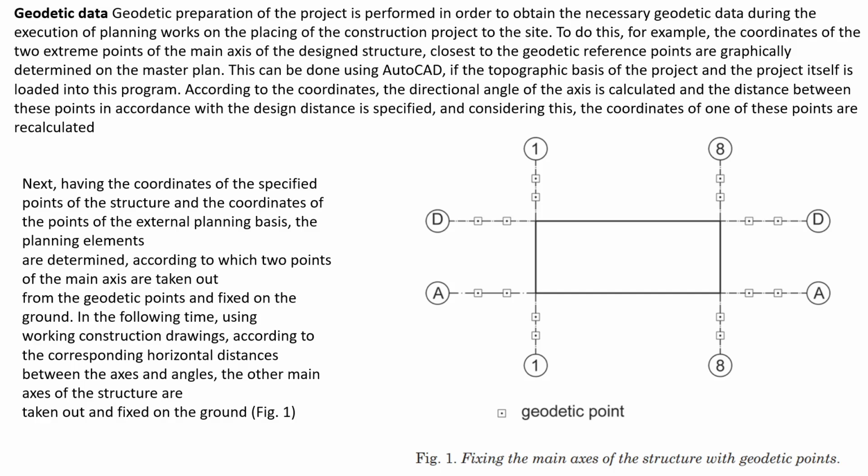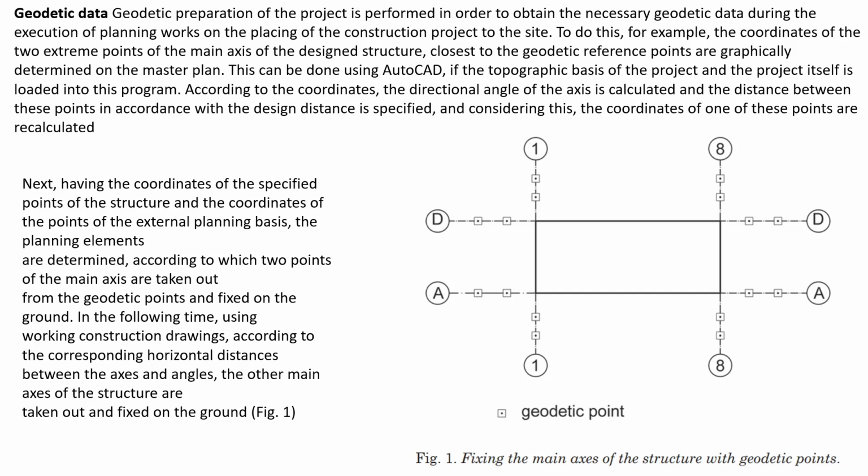This can be done using AutoCAD, for example, if the topographic basis of the project and the project itself are loaded into the program. According to the coordinates, the directional angle or azimuth of the axis is calculated and the distance between these points is specified in accordance with the design distance, and considering this, the coordinates of one of these points are recalculated.